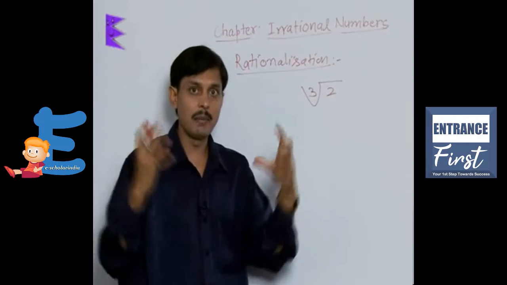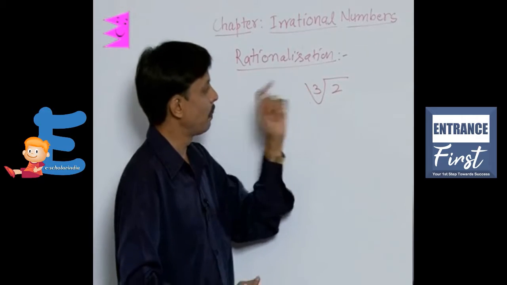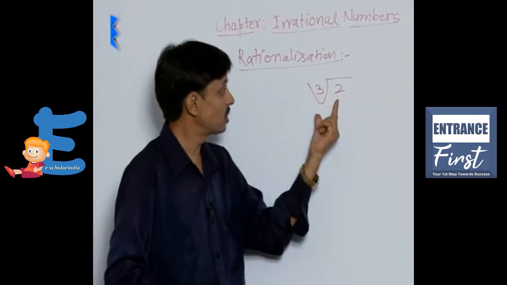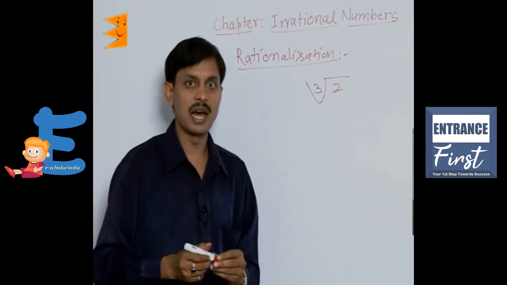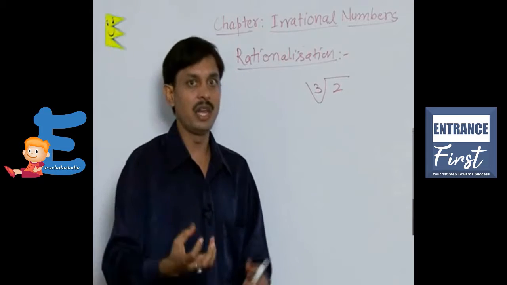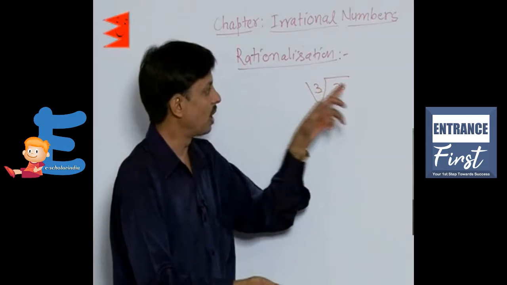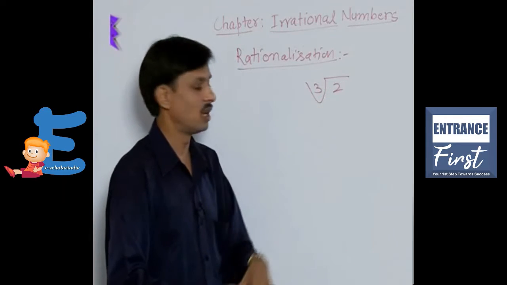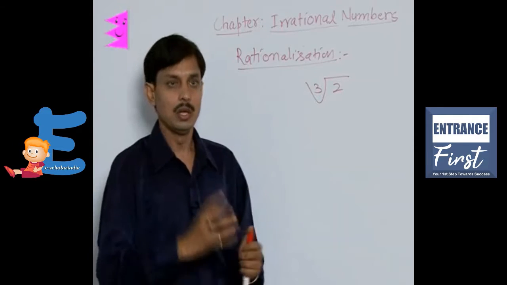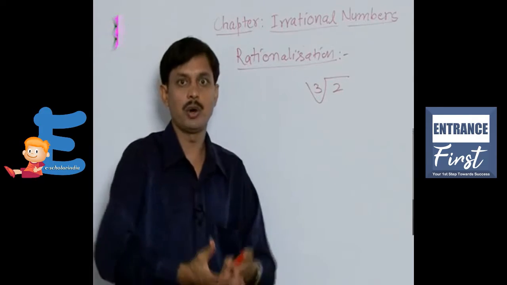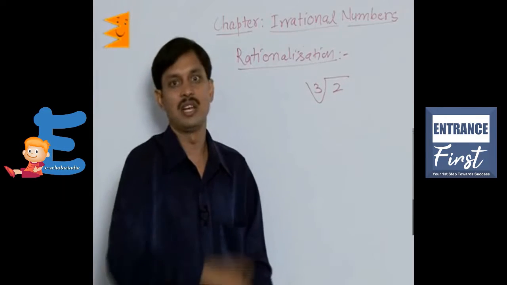Now, if I am looking for a number which, when multiplied with this surd, makes it a rational number, it means I am asking you for the simplest form of another surd which, when multiplied with the given surd, makes it a rational number. This kind of searching for irrational numbers is known as rationalization.